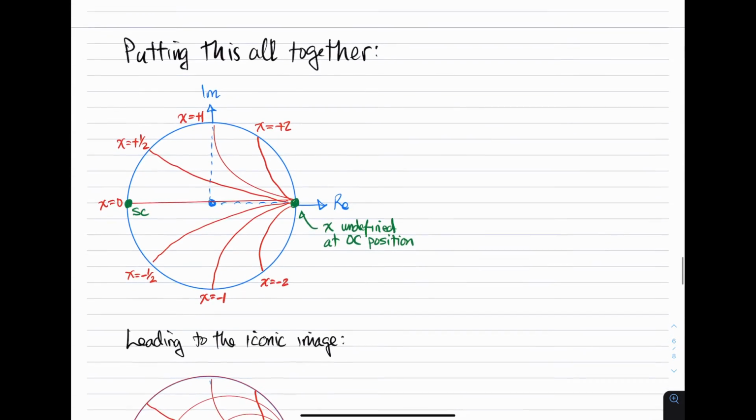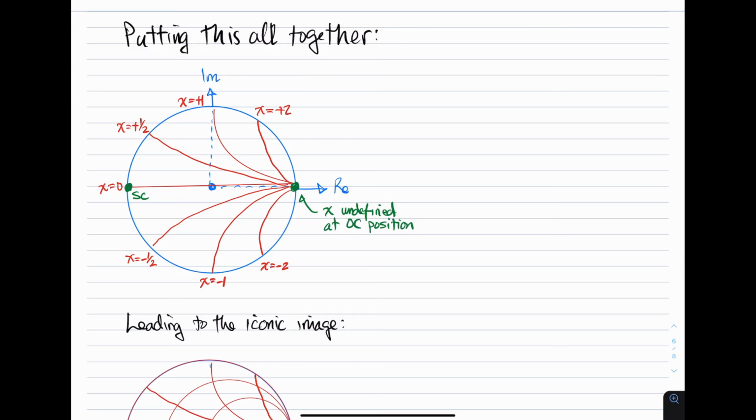So if we put this all together, we see something like this. We see that all possible reactances land here on the right-hand side, but then where they go in the chart depends on their normalized reactance. X equals 0 is the horizontal line. Positive normalized reactances are all in the upper half space and form these arcs that go this way.